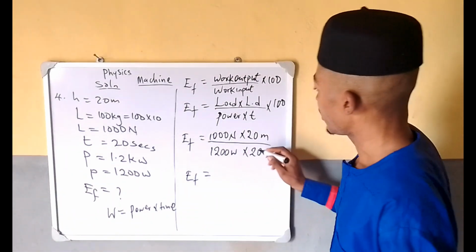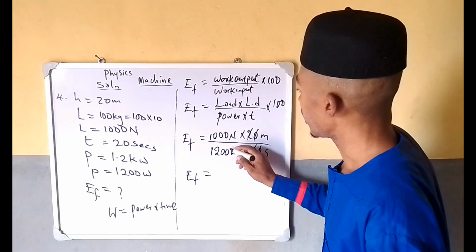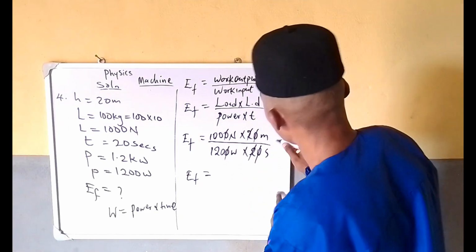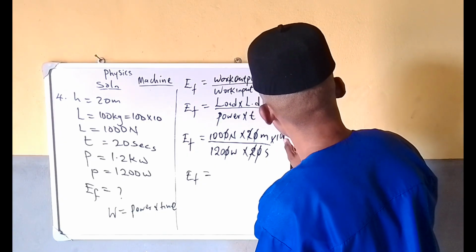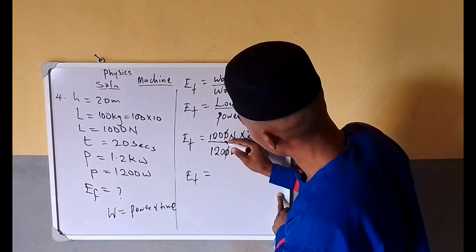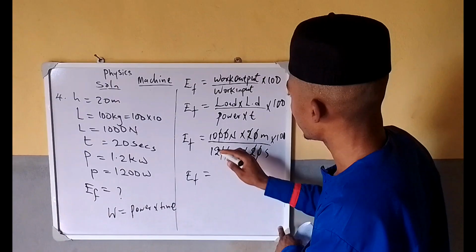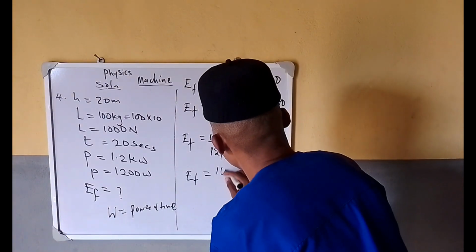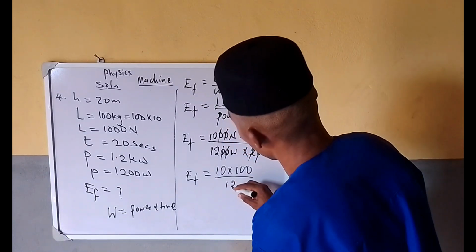If I look at this, 0 cancels 0, 2 cancels 2, then this cancels this. Okay, the multiplied by 100 is omitted. This 100 here. 0 cancels 0, this 0 cancels 0. Then I'm left with 10 over 12. So that's going to give me 10 times 100 over 12.